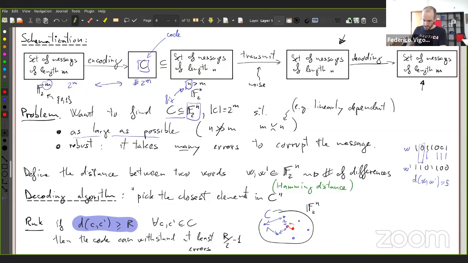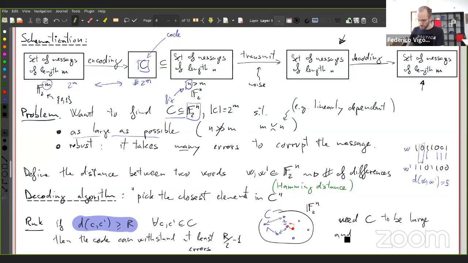And so if we take this point of view, then to choose a code that is as large as possible, we want to find the set that is very well distributed inside F. So we need C to be large and with big distance between elements.